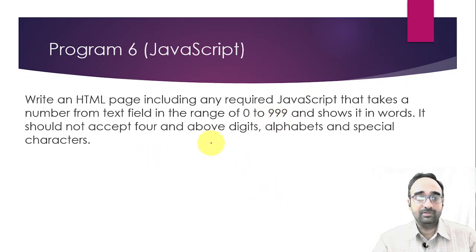Also, the other restriction is that the number should not contain alphabets or any special characters. So the user should give a number which contains only 3 digits, and the range is from 0 to 999.